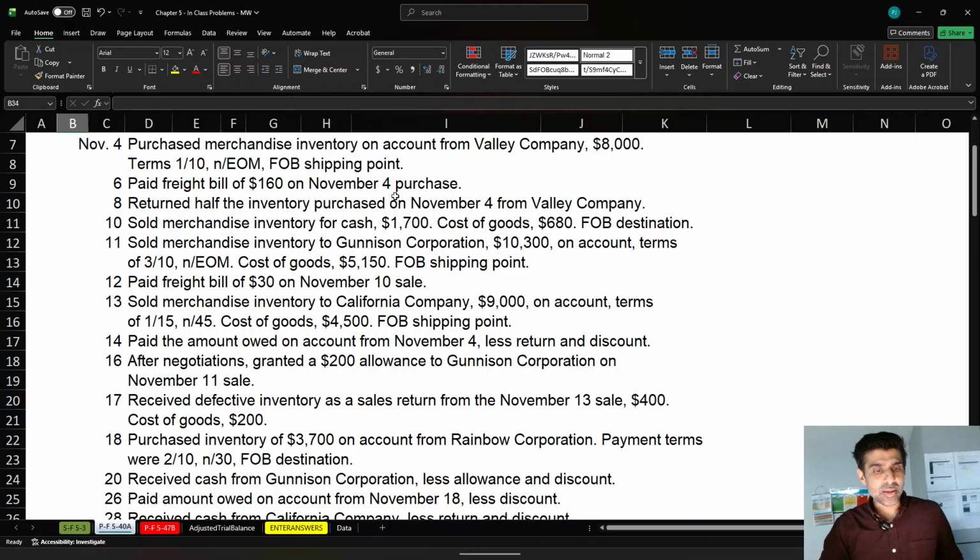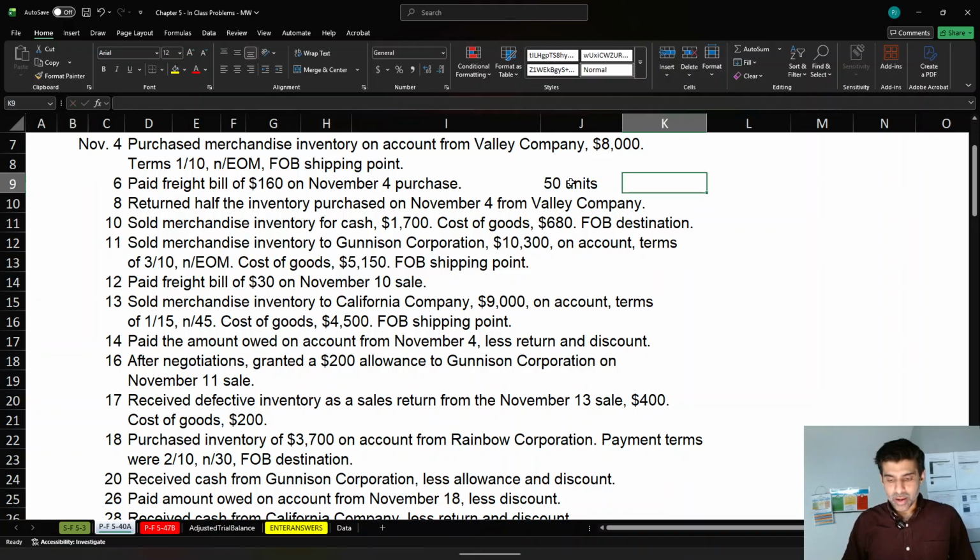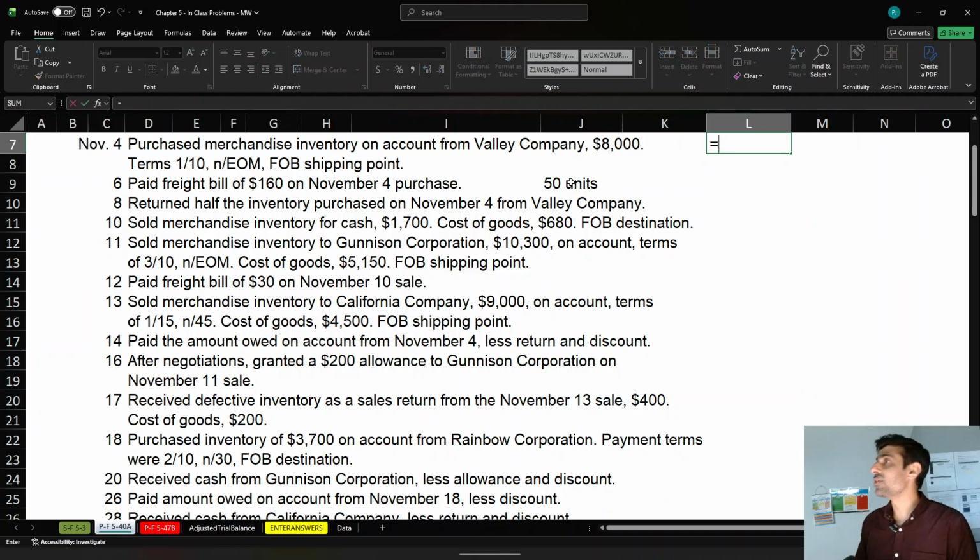Let's say, I'm just going to add a little flavor here. Let's say we had bought 50 units of some item, and it was $8,000. Of course, your company would have to have some methodology to do this, and I'm assuming we're just buying one item, which is maybe not necessarily the case. It'd be $8,000 divided by 50 units, so that's how much it is per unit.